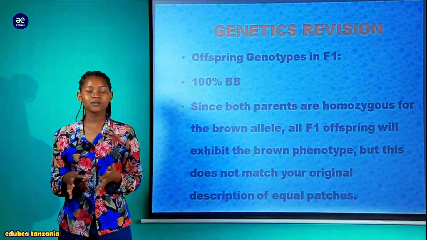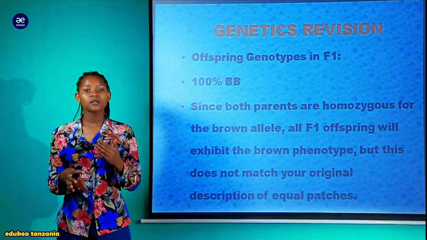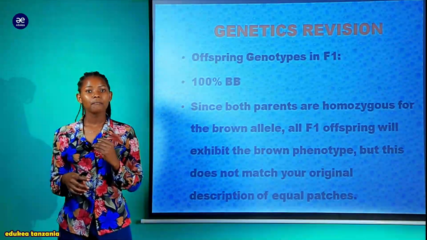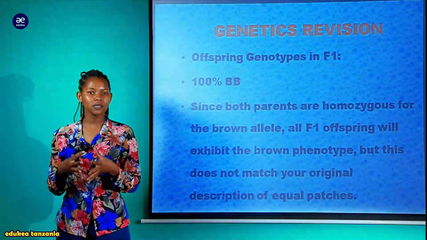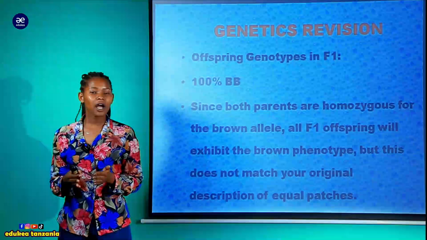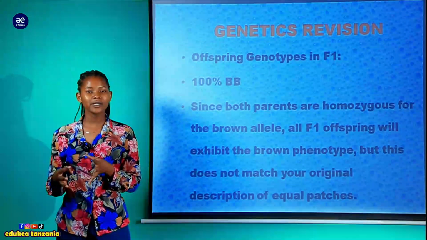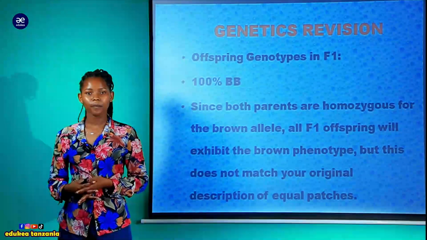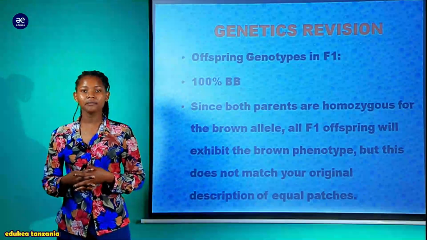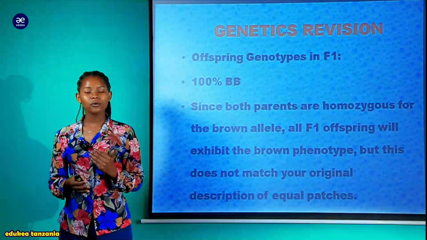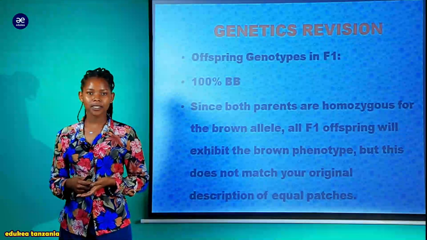Yes, we have followed the procedure, we have done the crossing, but this will not match the original description in the question. You will have to add yourself, you must think about what to do so that you can meet the demands of the question.